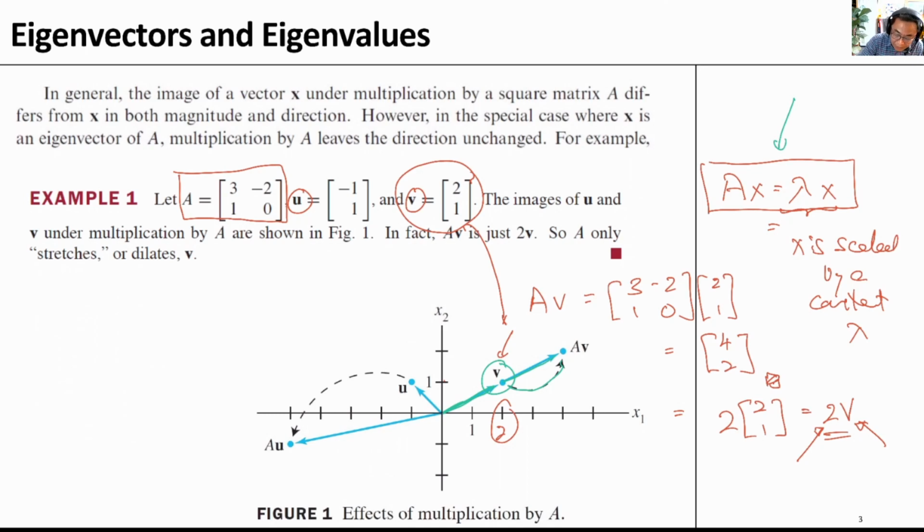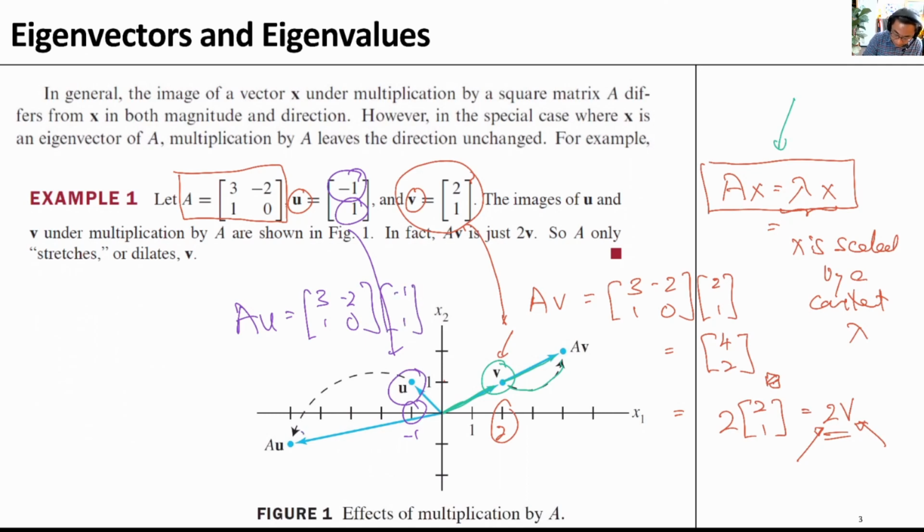All right, let's have a counterexample. The counterexample is, of course, U. Now, if we have U here, which is -1, 1, we are going to apply A on U. Again, you should write the matrix 3, 1, -2, 0, and multiply it by -1, 1.